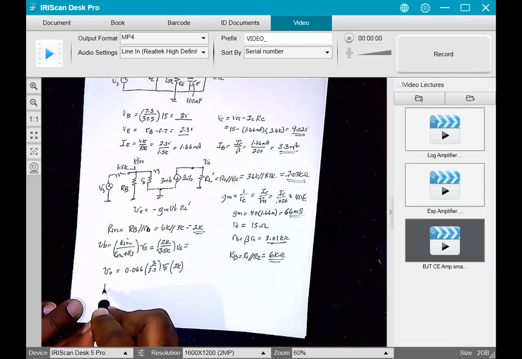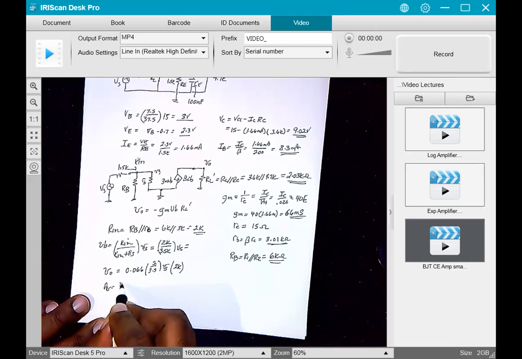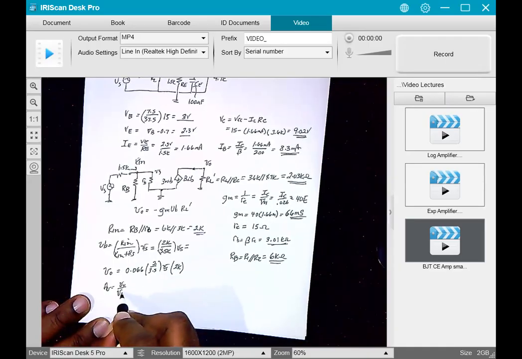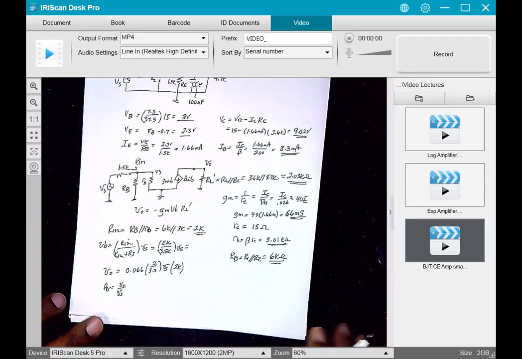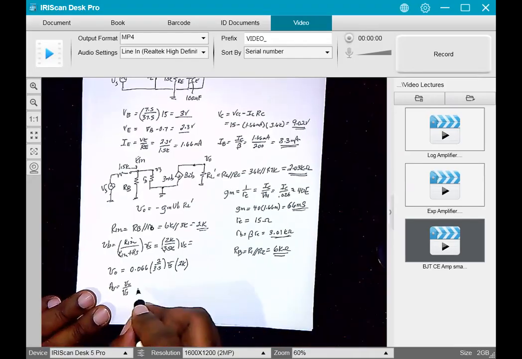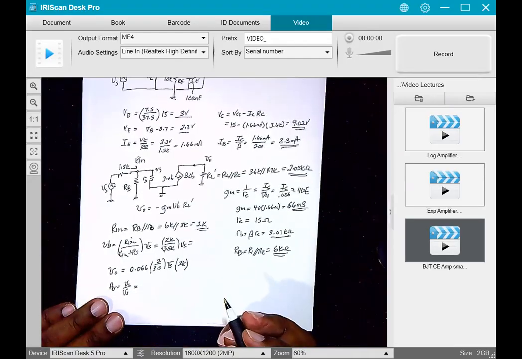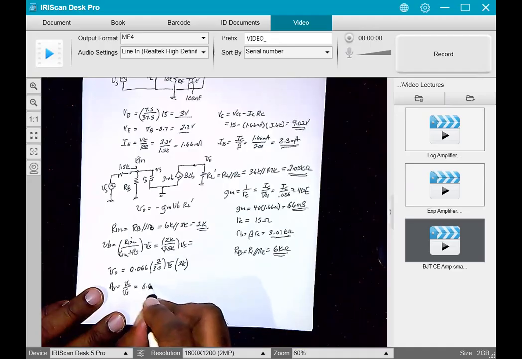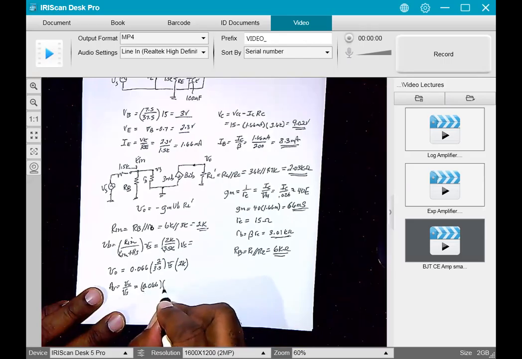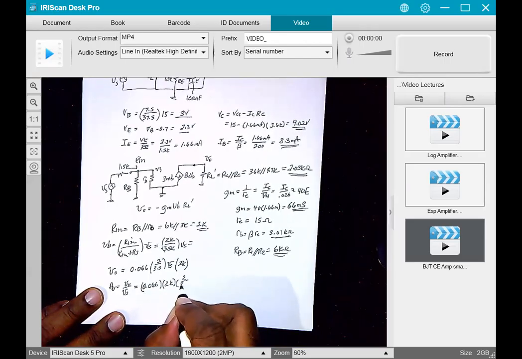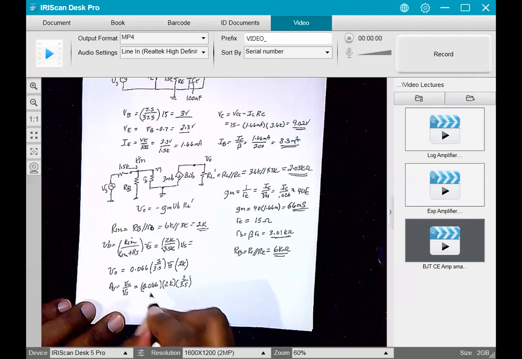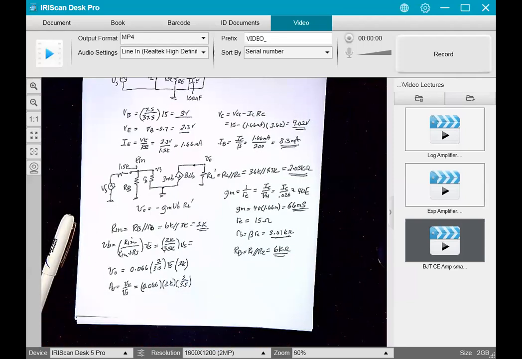And so now the definition of voltage gain is V out over my signal source V sub S. And so that's 0.066 times 2K times 2 over 3.5. And let's see what that comes out to be, if I didn't fat finger something.